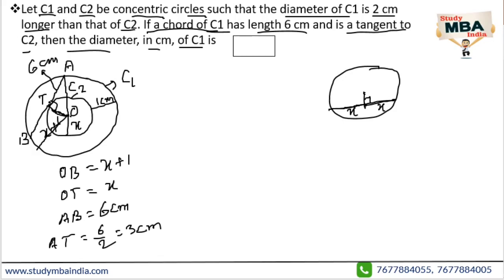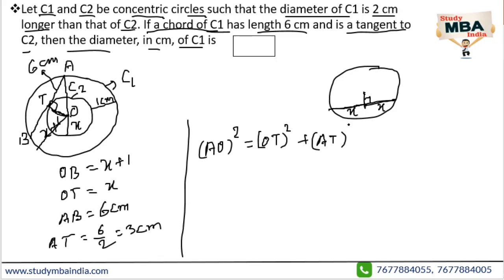So now we know this becomes a right angle triangle, in which OA square is nothing but AT square plus OT square. So we'll use that formula, AO square is equal to OT square plus AT square, right? And we know that OA is x plus 1. OA or OB are basically the same thing.